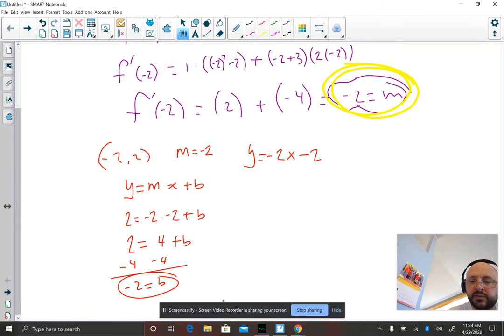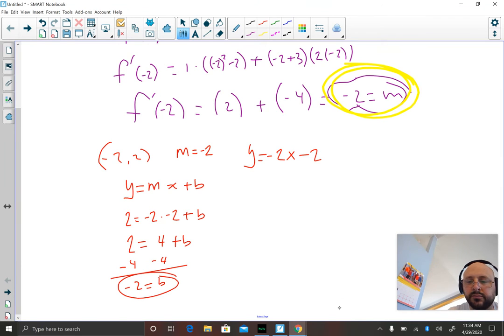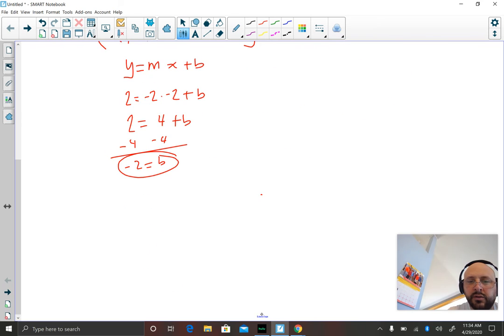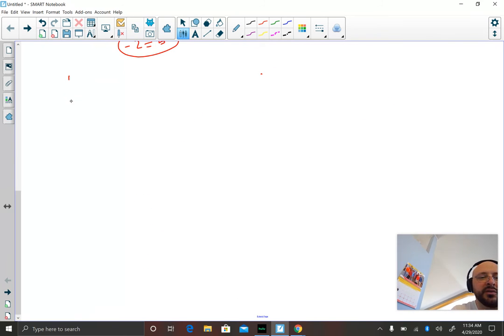Now, part B, let's see if I can discuss part B here. Use graphing utility to graph the function and its tangent line at the point.